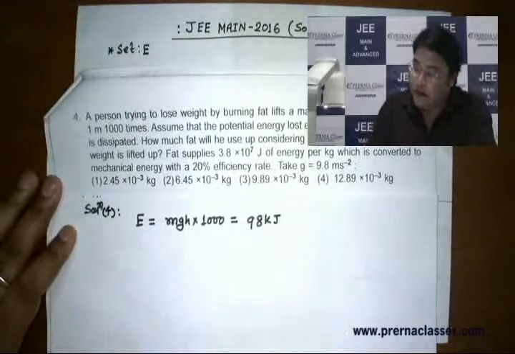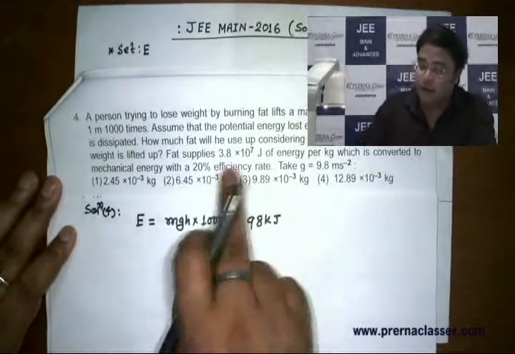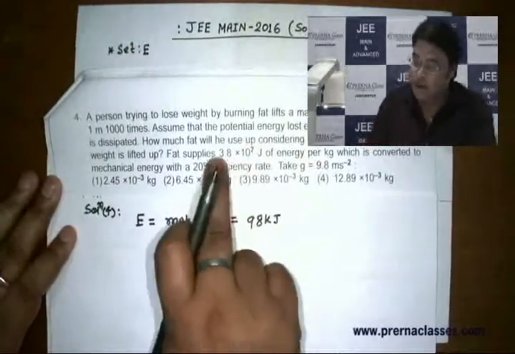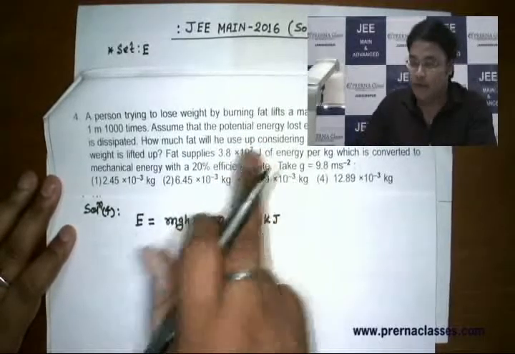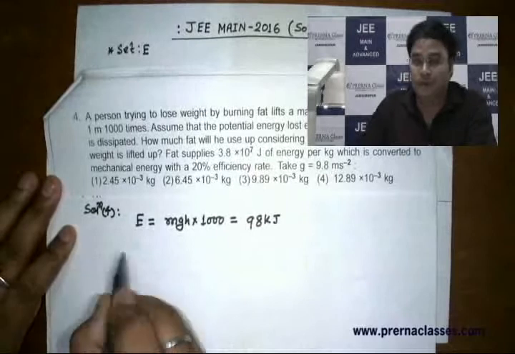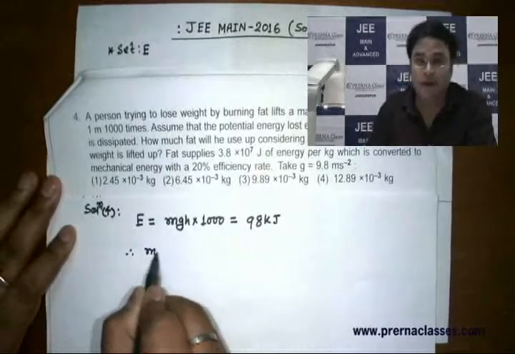Clear? And that energy is utilized to burn fat. It is given that the energy supplied per kg by fat is 3.8 into 10 to the power 7 joules, and its efficiency is 20%.